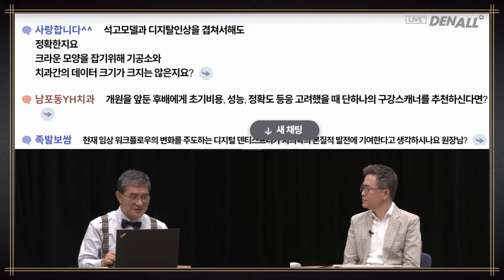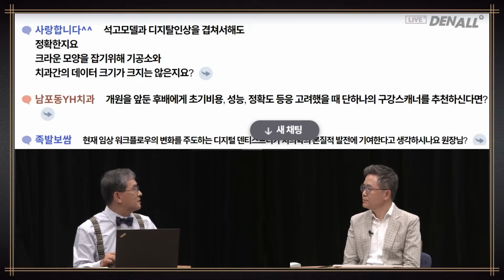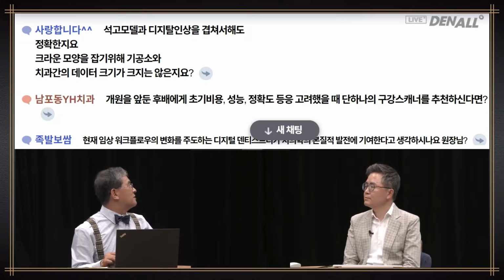I love you. If I combine plaster model and digital scan, will it be accurate? To get the crown form, will the data size between the lab and the dental clinic be huge?